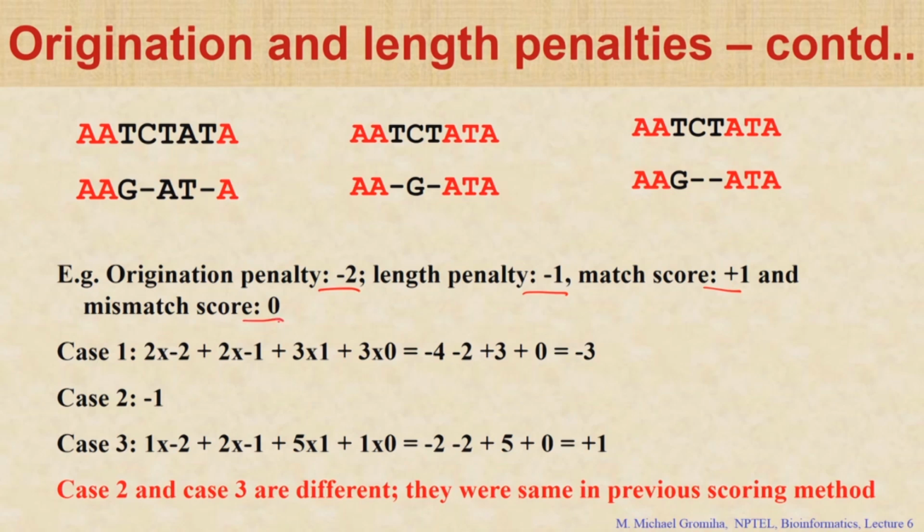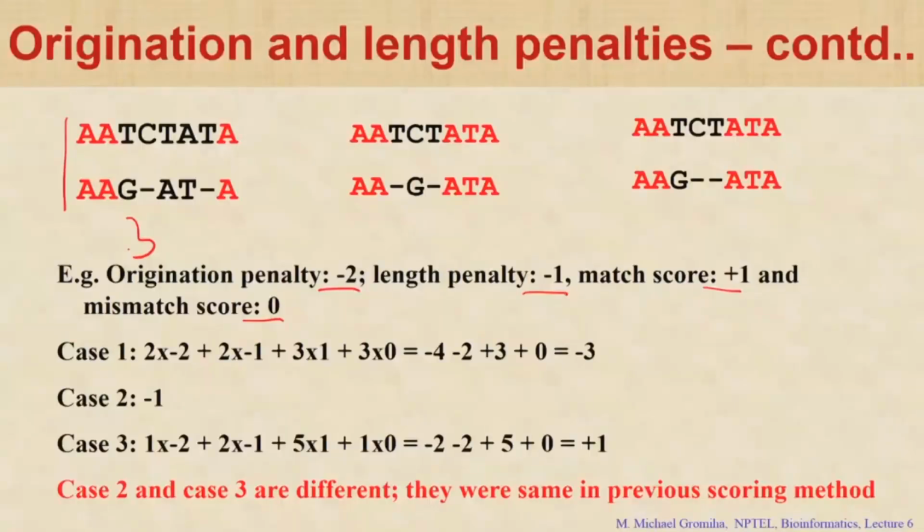If you do this, what is the score for the first alignment? What is the match score? 3. Mismatch score is 0 anyway, and how many origination penalties? 2 into minus 2, 2 times, right, one we originate here, and one we originate here.